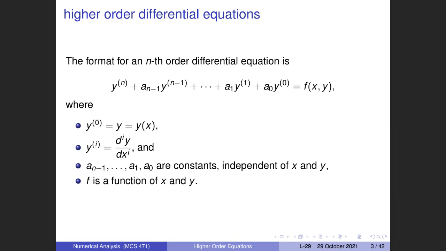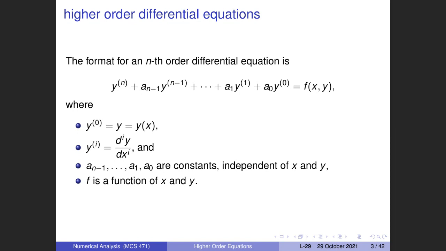An alternative letter is t for time, and y depends on x. This is a higher order equation in standard format, where the format is determined by the constant coefficients, the a's, and the function of two variables.